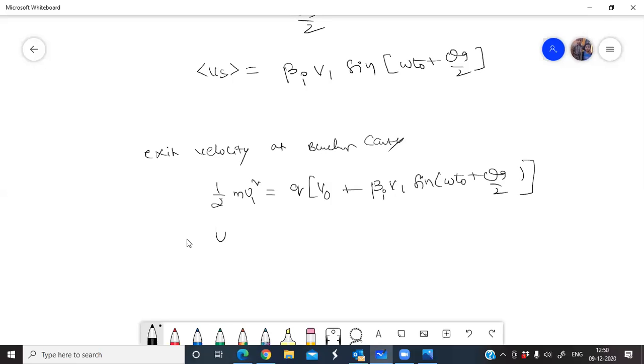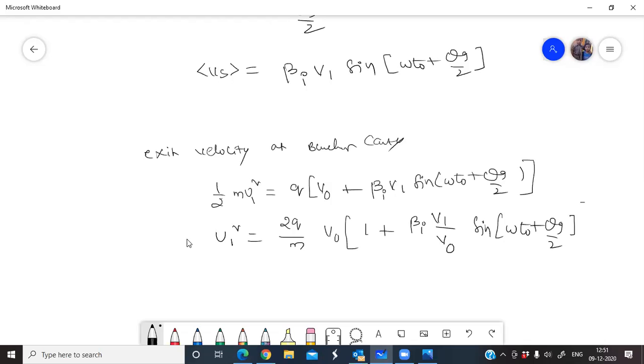Now from this, V1 square equals 2q by m, take V0 as common, V0 times 1 plus beta I V1 by V0 sin omega t naught plus theta g by 2. And from this, V1 equals root of 2q V0 by m into 1 plus beta I V1 by V0 sin omega t naught plus theta g by 2.